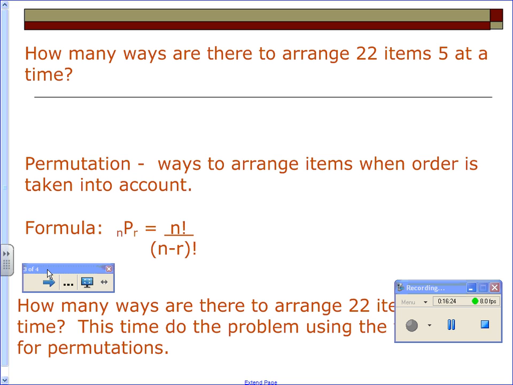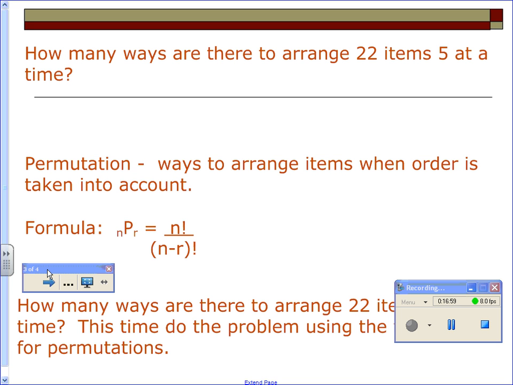A permutation is a way to arrange items whenever order matters. We did a lesson on permutations a few days ago. This button is actually on your calculator.